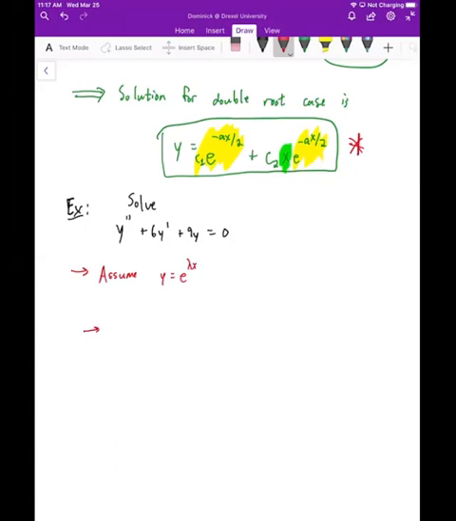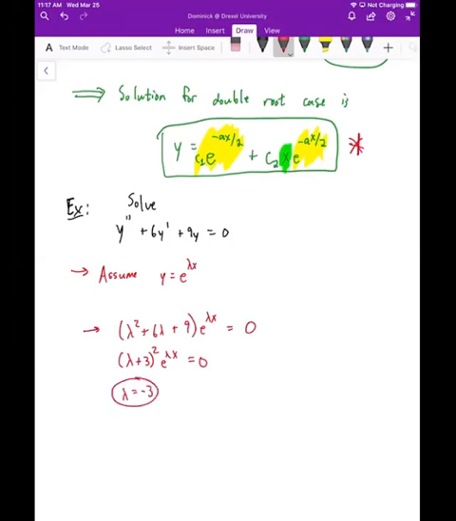Once we plug this in and factor, we'll get lambda squared plus 6 lambda plus 9 times e to the lambda x is equal to 0. If we factor this, it becomes lambda plus 3 squared times e to the lambda x, which tells us that we get a double root of lambda equal to -3.